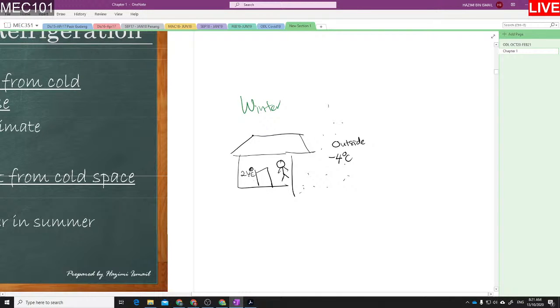Of course the house is hotter. So naturally, heat goes from high to low, from your house to the surrounding outside, because outside the temperature will reduce from 24 to maybe around -4. Can you live at -4 degrees Celsius? No, surely you will die without heating.